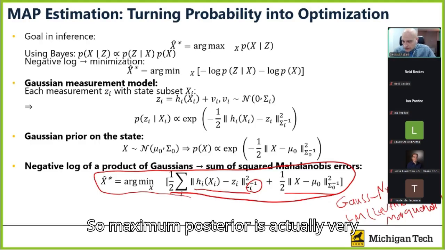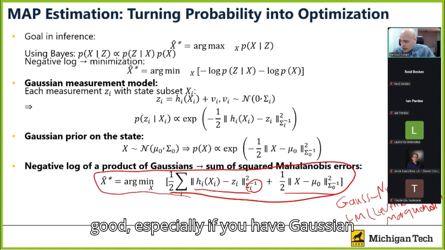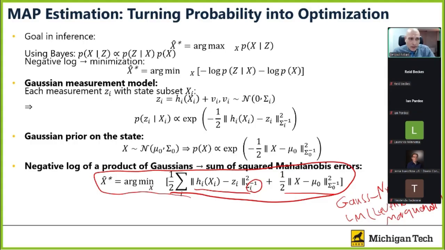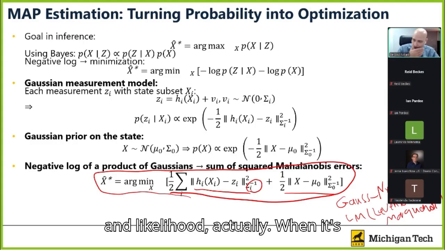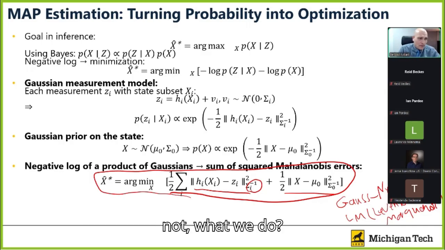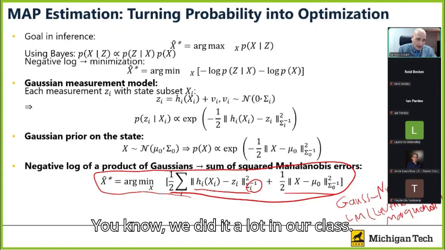So maximum a posteriori is actually very good, especially if you have Gaussian measurements and Gaussian prior. I mean Gaussian measurements and likelihood actually. Most of the time it's Gaussian. If not, what do we do? We can approximate it with Gaussian. You know, we did it a lot in our class.